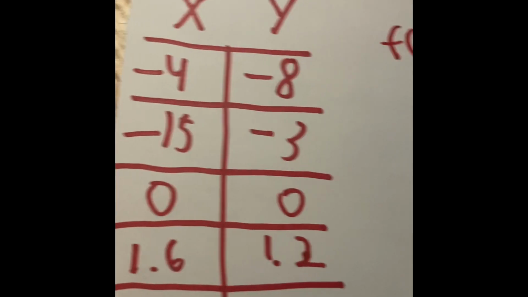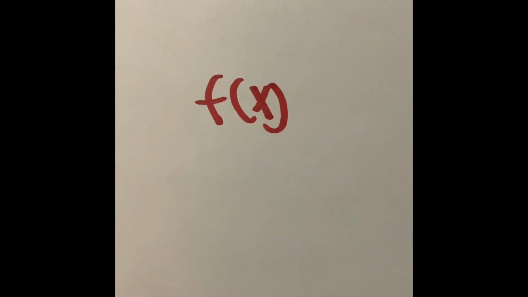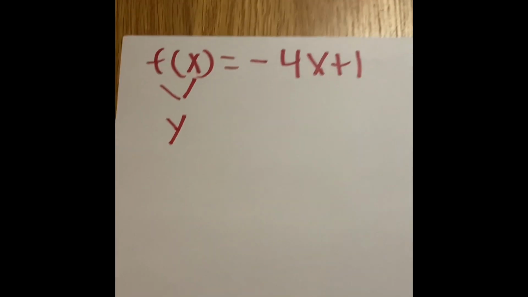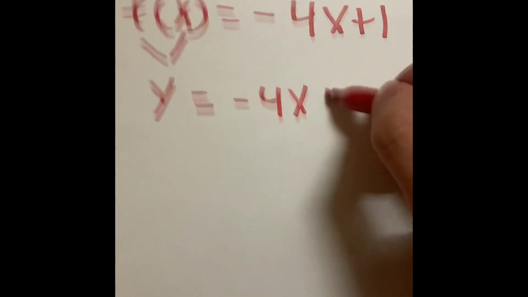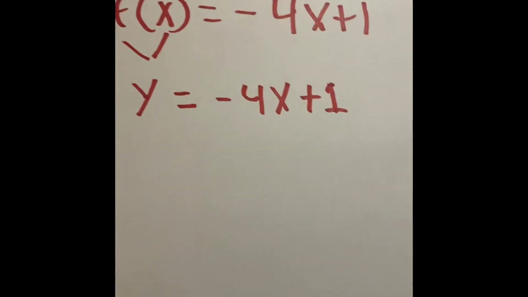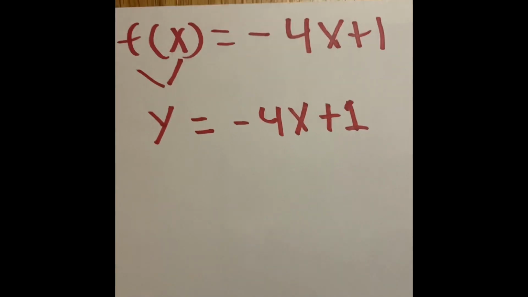Whatever you put in for x will result in the f of x. So that's going to be our y. So y is going to equal negative 4x plus 1. But we're not done yet.